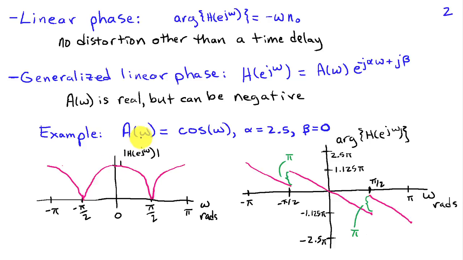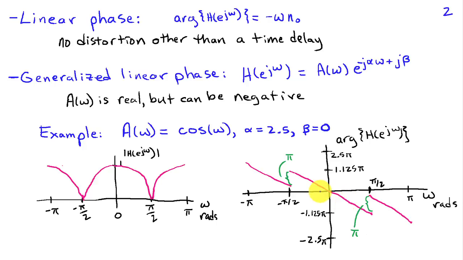So for example, if we take A of omega to be cosine of omega, and we set alpha equal to 2.5 and beta equal to 0, well then the phase has slope of negative 2.5 in this vicinity near 0, because the cosine is positive in that region.